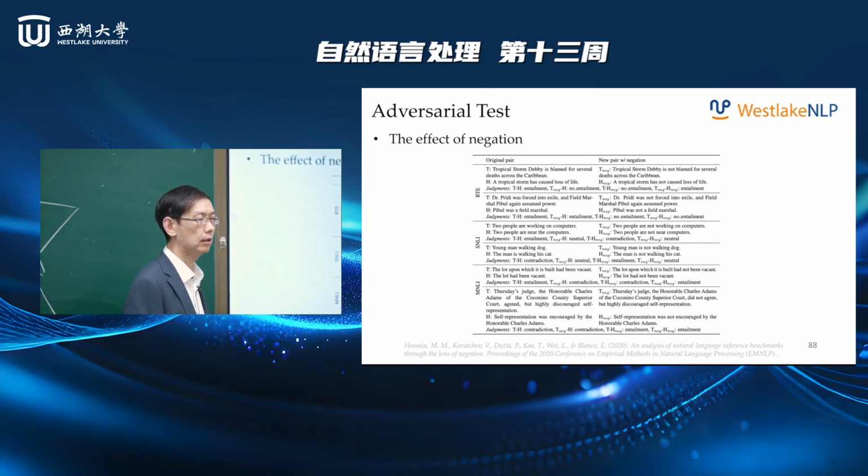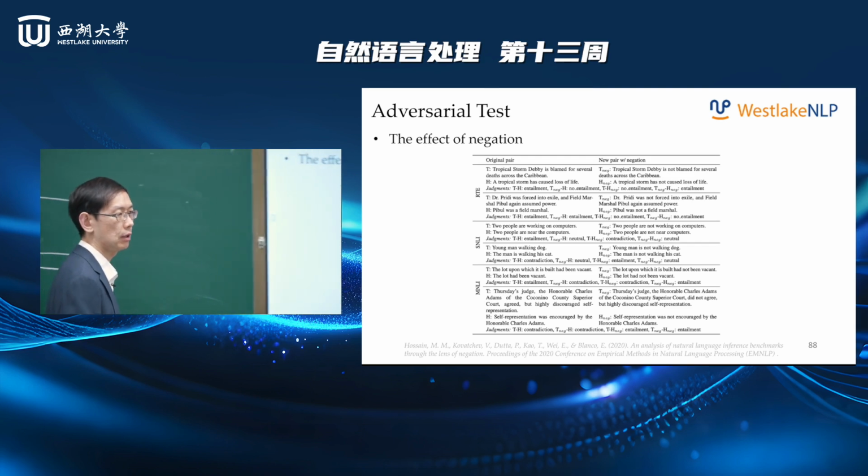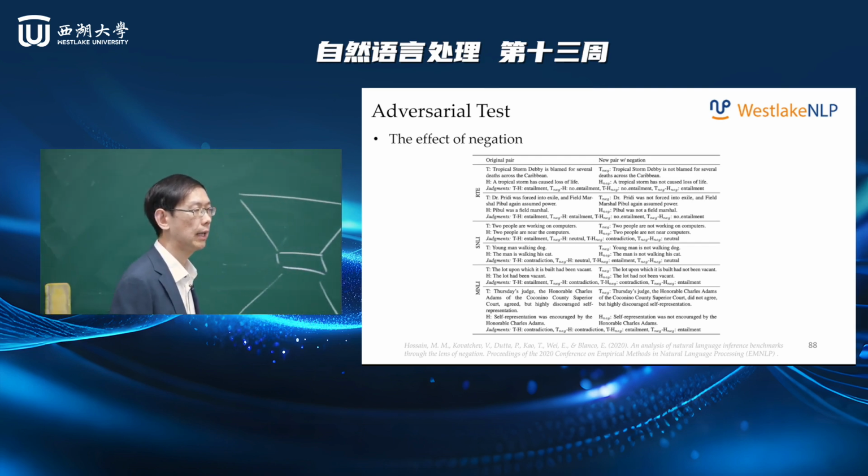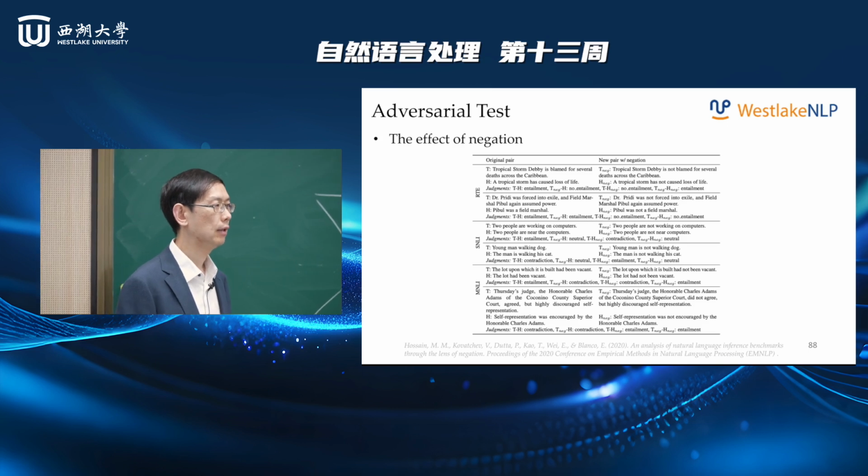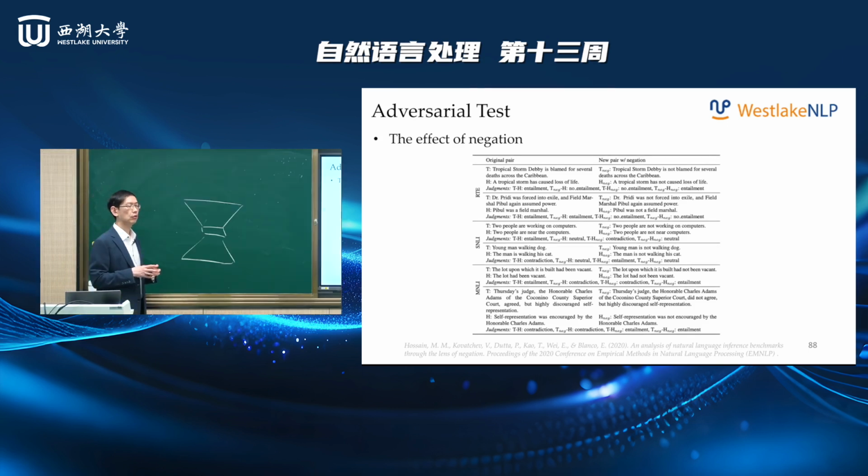You check whether the model can still answer the question correctly. It can evaluate whether the model uses rationale or takes shortcuts. So this kind of adversarial tests or robustness tests were also interesting to a lot of researchers.